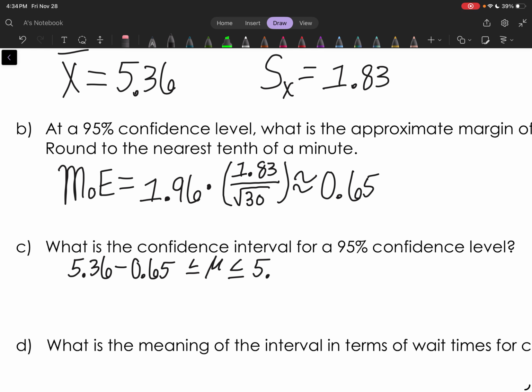And I'm going to add the margin of error on the right side. So my confidence interval, let me put a colon here, is from 4.71 less than or equal to mu, the population mean, less than or equal to 6.01.